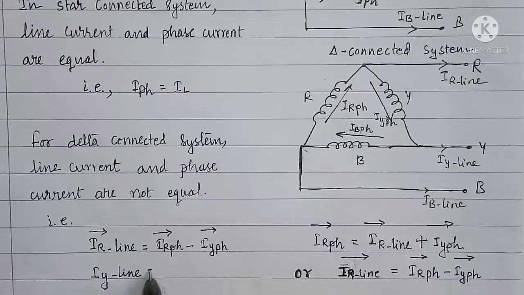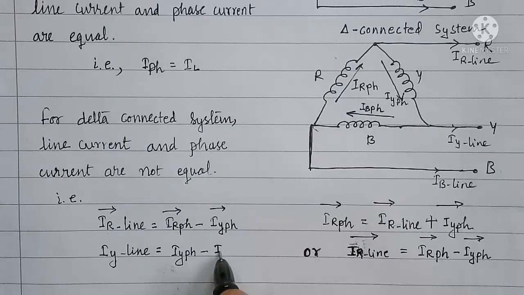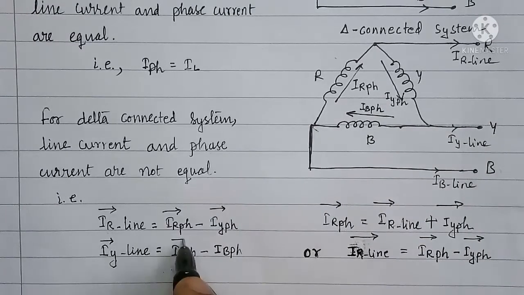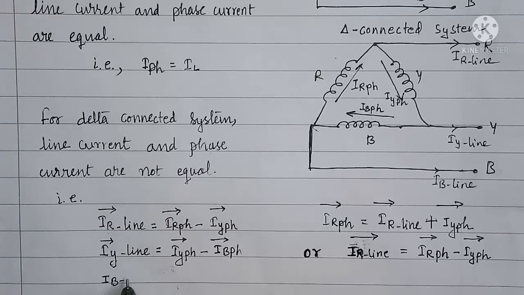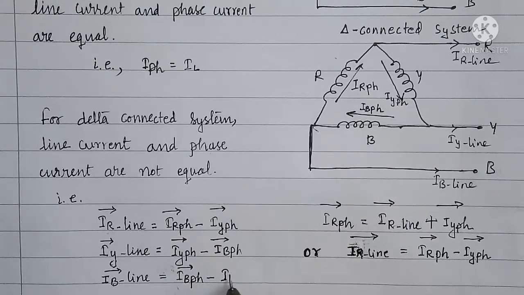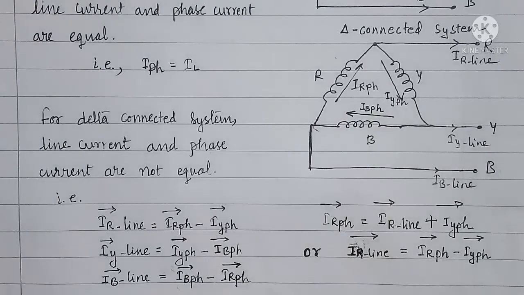IY line is equal to IYPH minus IBPH. And IB line is equal to IBPH minus IRPH.